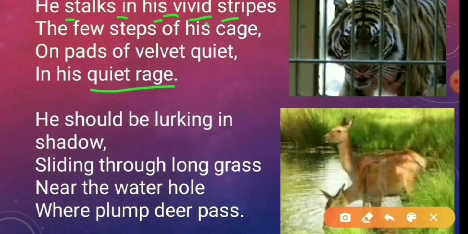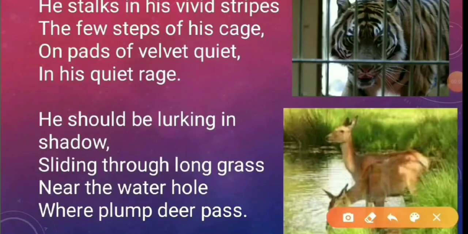Quiet rage is oxymoron. And the next poetic device used in this stanza is enjambment. Enjambment is actually a sentence which continues to the next line without any punctuation. You can see in the first line, he stalks in his vivid stripes the few steps of his cage. Here from this part it goes on and it is known as enjambment.